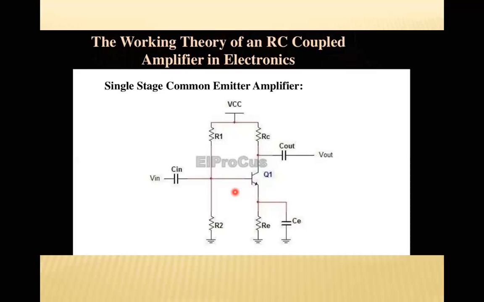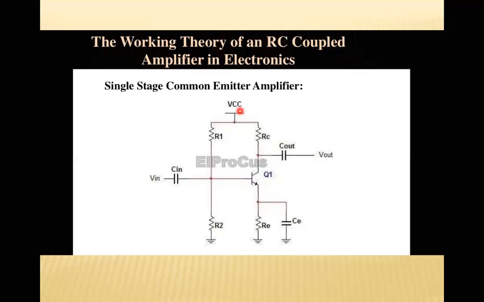The resistors, you can see this again, RC and RE, are used to drop the voltage of VCC. This is the positive voltage that we have given. RC is a collector resistor and RE is an emitter resistor. Both are selected in such a way that they should drop VCC voltage by 50%.